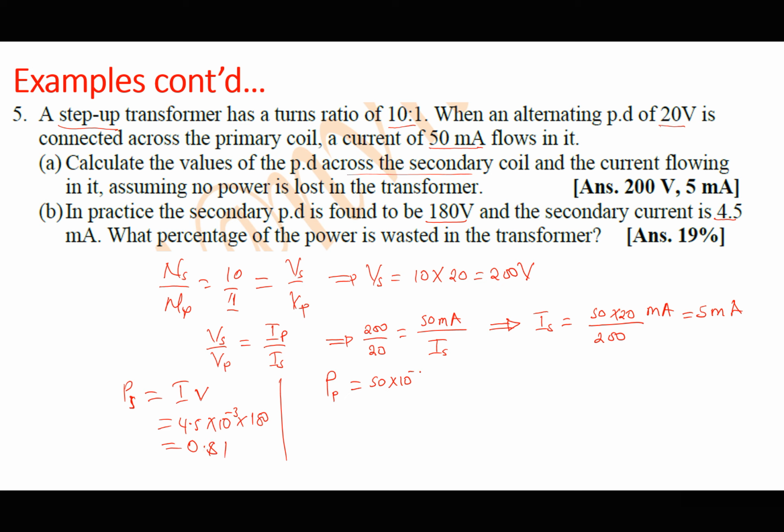Then the other one is 50 times 10 to the power of minus 3 times V in the primary, which was 20. So this is 1.0 watts. So percentage loss is going to be 1.0 minus 0.81 divided by 1.0 times 100.